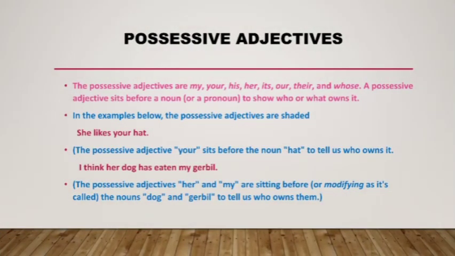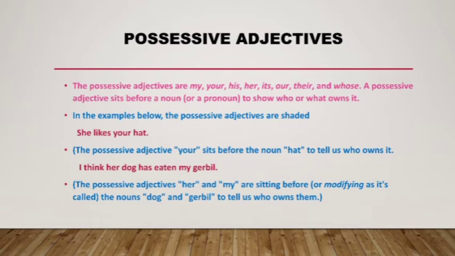Moving on to the next kind of adjective, that is possessive adjectives. Possessive adjectives are like possessive pronouns, but sometimes it becomes very confusing. In the related chapter on pronouns, you have studied that a possessive pronoun is always followed by a verb. Now, a possessive adjective is always followed by a noun.